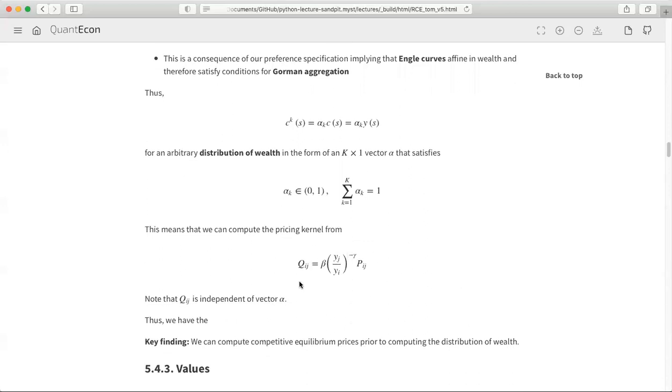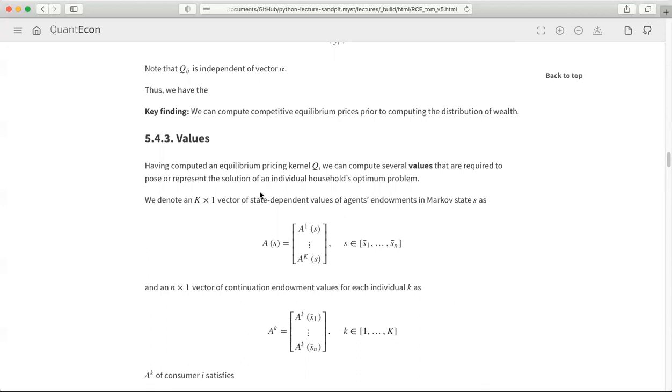So we automatically get as a first step, since p is an input, beta is an input, gamma is a preference parameter, and these y_j's are just the aggregate endowments in state j, everything here is exogenous. We made it up. So it's one step to get this pricing kernel. And it's a modification of the probabilities. Probabilities enter, but also preferences enter: the discount factor and the utility function.